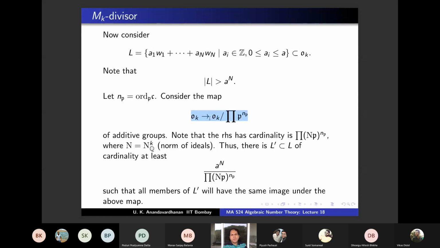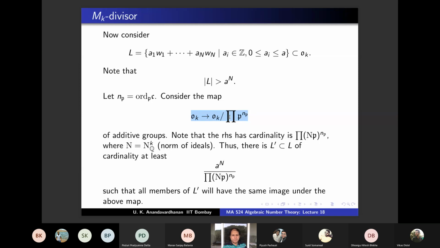Because the cardinality of L is at least this much, A power n divided by this cardinality, those many things will go to the same point, because this map is surjective.